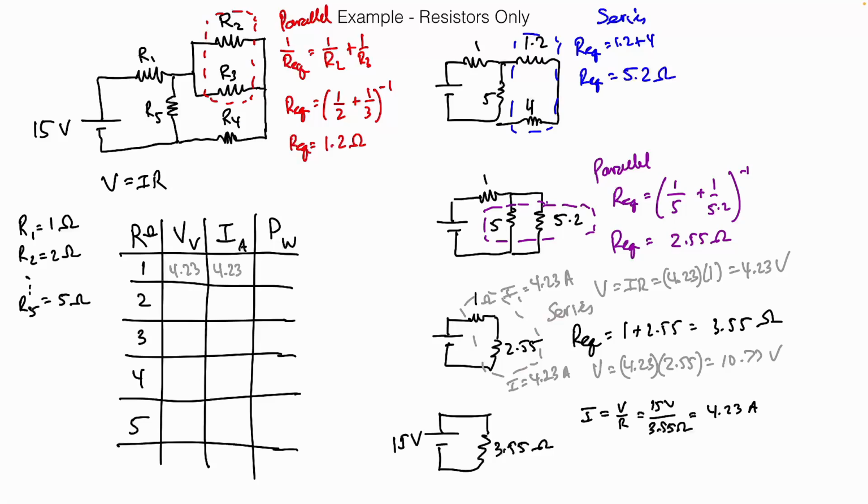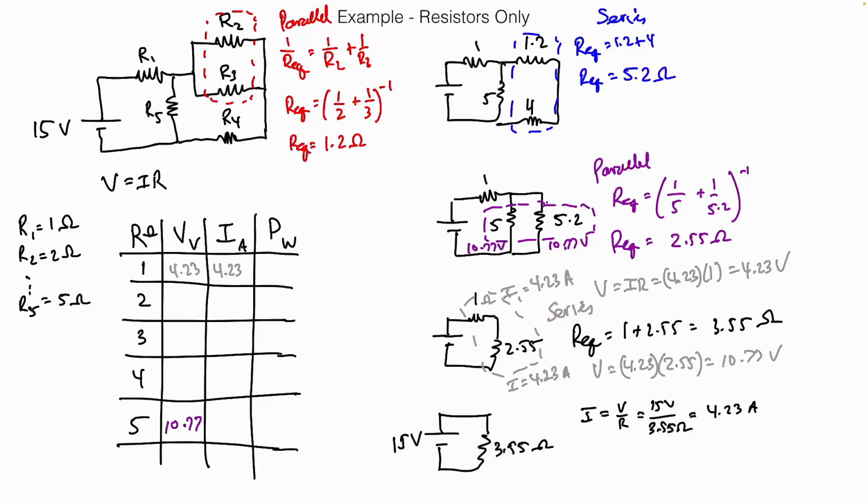That has to be the same across each of its things that went into it, which means that I have 10.77 volts across that 5 ohm resistor as well as 10.77 volts across the 5.2 ohm resistor. Do I now know something about a real resistor? Yeah, the 5, right? I have 10.77 volts.